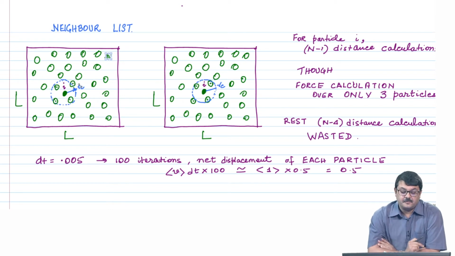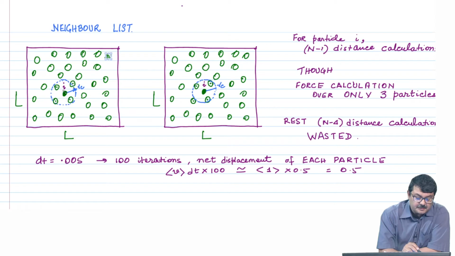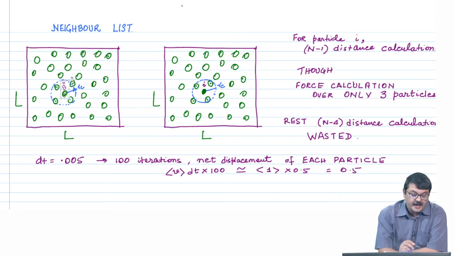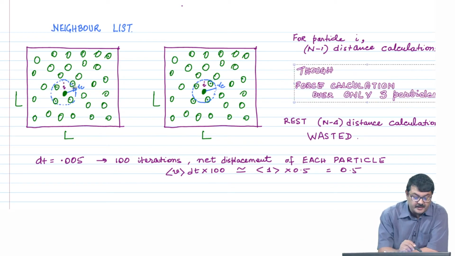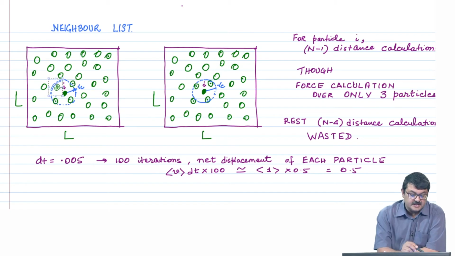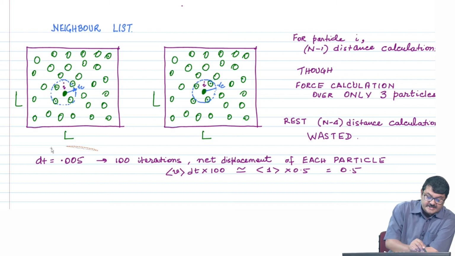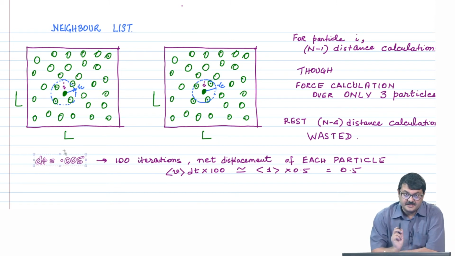To explore this idea, I would like you to focus on this particle I, and suppose it is surrounded by only around 3 particles within your cutoff distance. Now, after one iteration, this particle would have moved. How much would it have moved? Suppose dt is 0.005, the time step with which you are integrating Newton's equation.